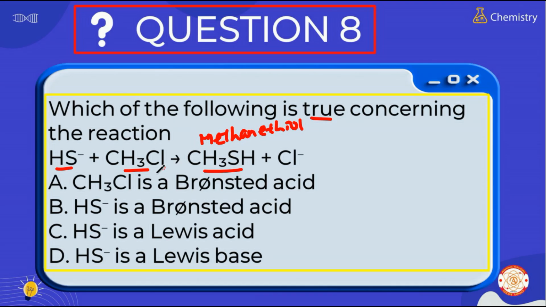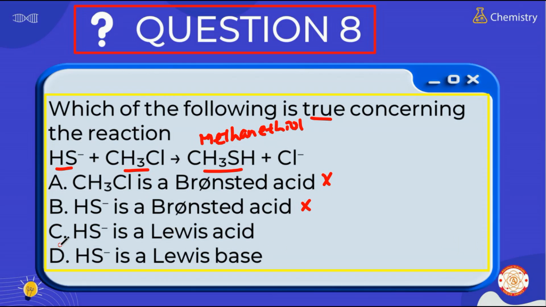So as you can see, these two choices are not correct because there is no transfer of proton, so both choice A and B are not correct. Now let us see choice C and D. So which one is correct?